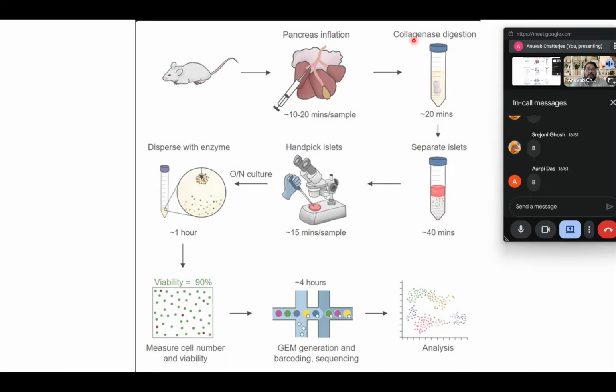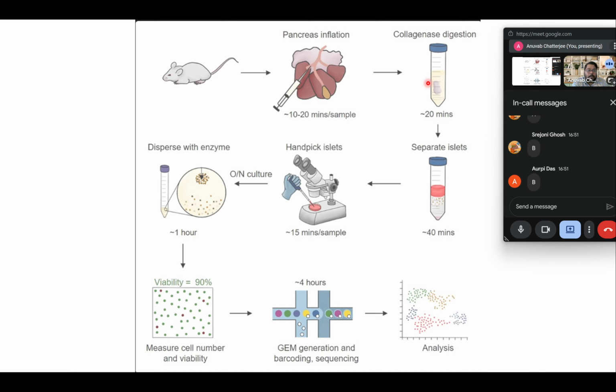A single cell suspension can be used for different experiments, including isolation of genomic DNA. So depending on the tissue you're using, you can use collagenase, trypsin, or various other cocktails of proteinase K to separate the tissue into single cell suspensions.